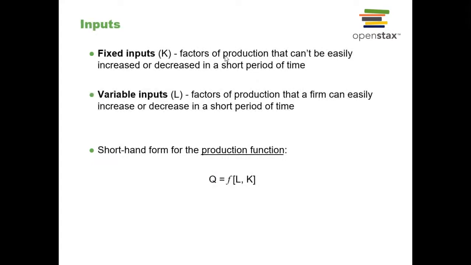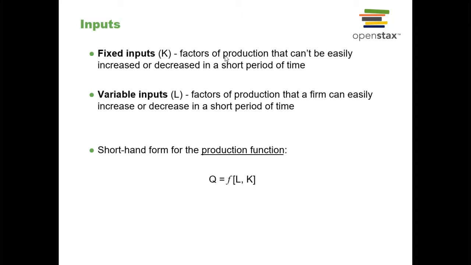There are different kinds of inputs like capital, fixed inputs, factors of production that can't easily be increased or decreased in the short period of time. And then variable inputs that can increase or decrease. Usually we call fixed inputs K for capital, and variable inputs L for labor.